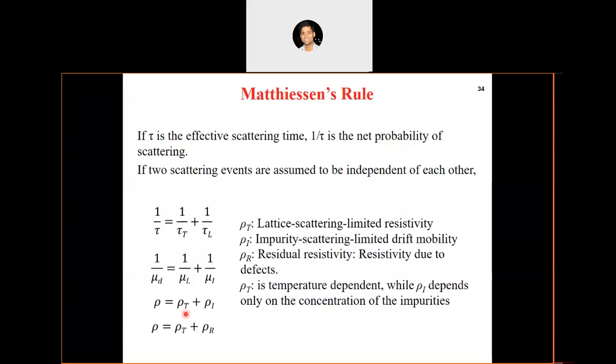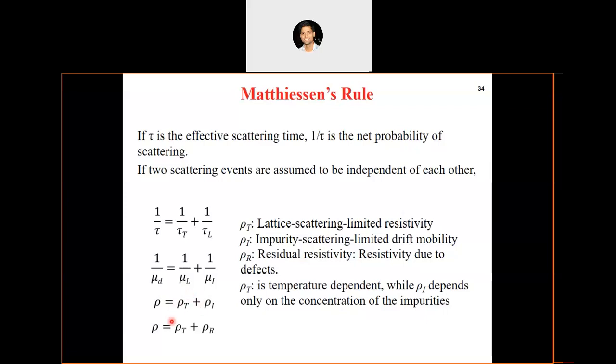And this is known as Matthiessen's rule. This simple relationship, which we have derived by simple logic, says that the effective resistivity of a material is the summation of resistivity due to all different scattering events.